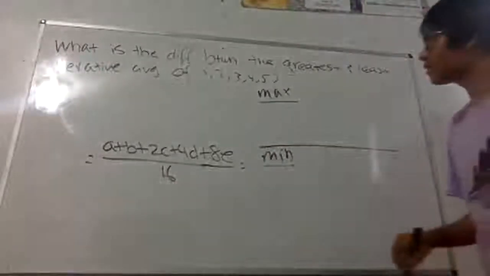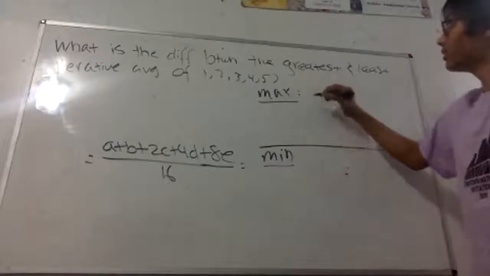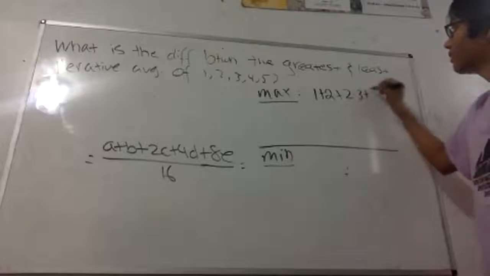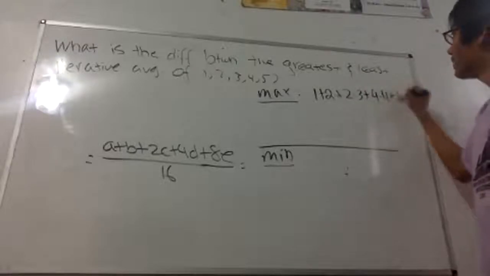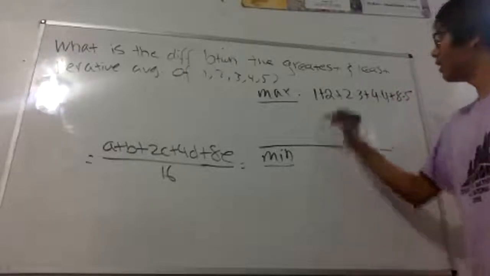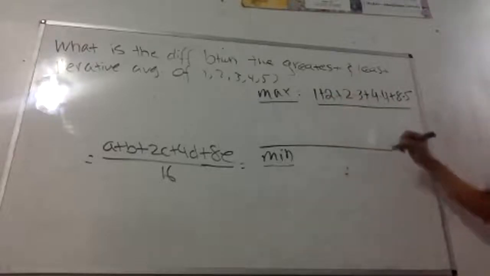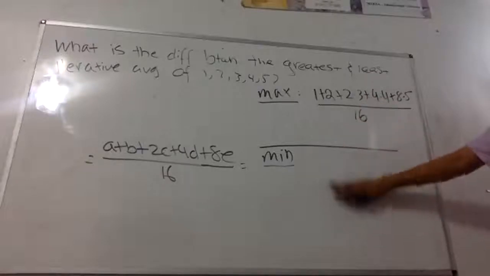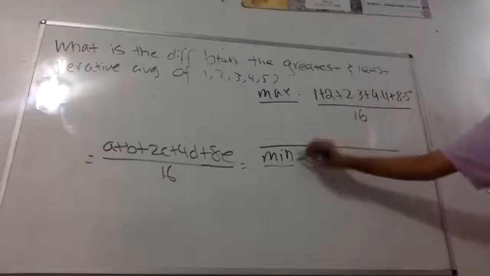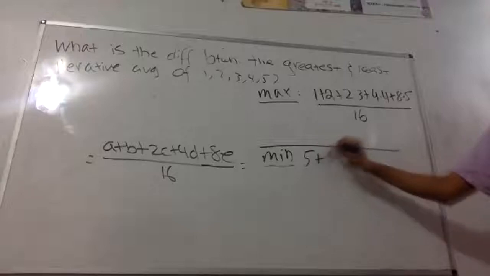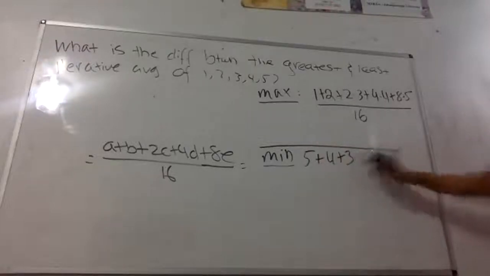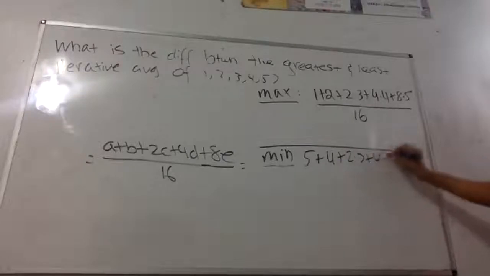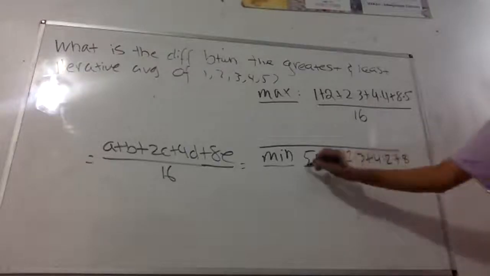Okay, so let's go ahead and get started. The maximum is going to be 1 plus 2 plus 2 times 3 plus 4 times 4 plus 8 times 5, right? So divide all of this by 16. So now we're going to do the opposite with the large numbers early on. So 5 plus 4 plus 2 times 3 plus 4 times 2 plus 8 times 1, which is just 8.